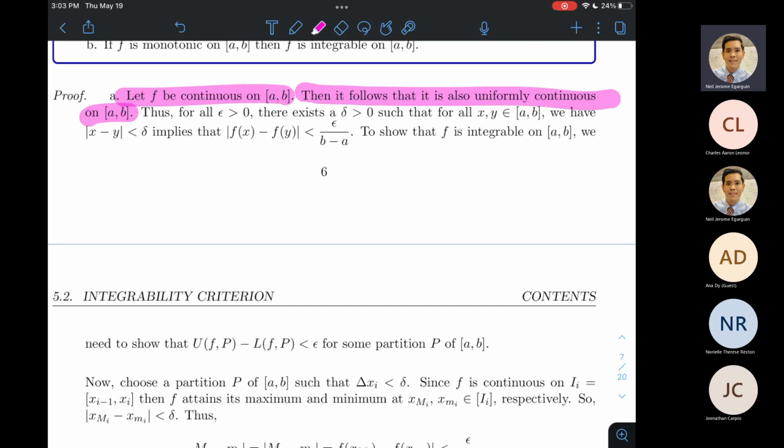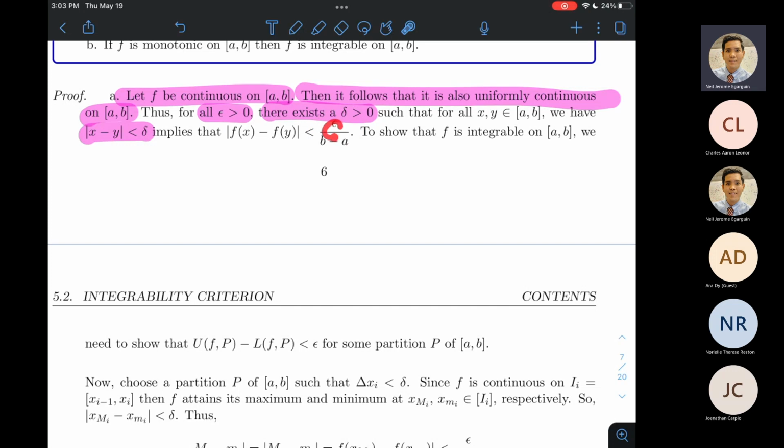It says that sa kahit na nung epsilon greater than 0, lagi tayong makakakita ng delta greater than 0 such that kapag ka si x minus y ay may absolute value na mas maliit na kay delta, then si absolute value of f of x minus f of y ay merong epsilon inequality. In particular, I will choose that to be less than epsilon over b minus a.